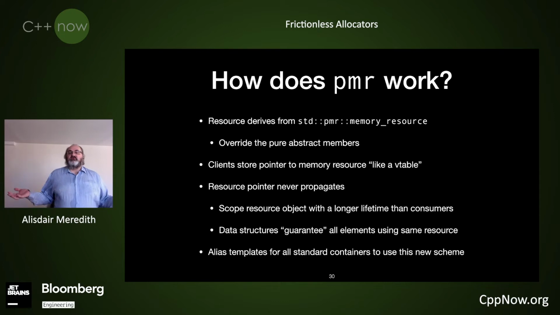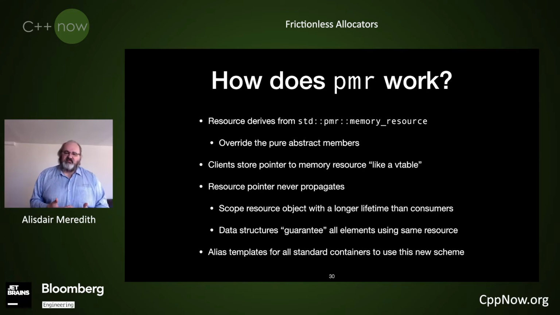Clients who want to use the memory resource essentially store a pointer to that resource, which we say is like a vtable. The idea is that when you construct your object, you're going to bind the resource that will be the way to retrieve memory for that object for the lifetime of that object.